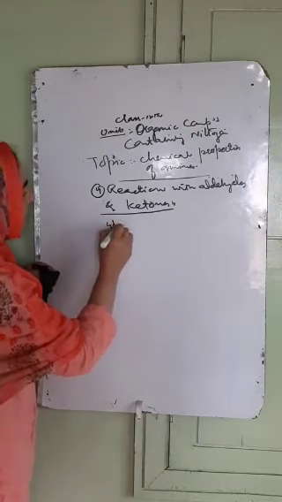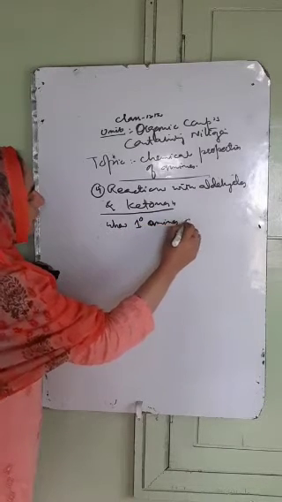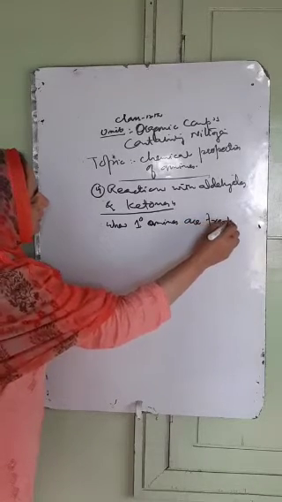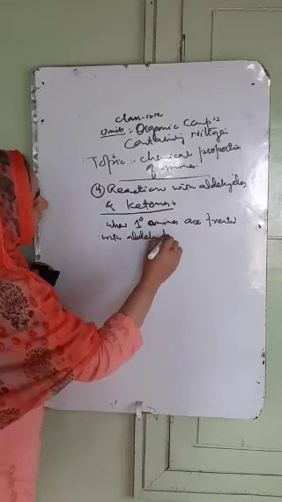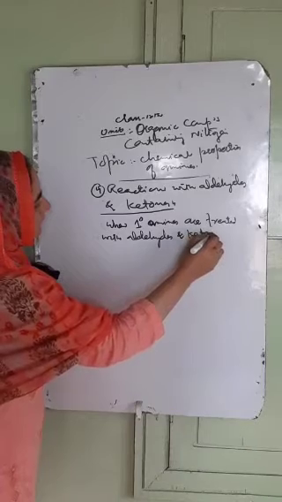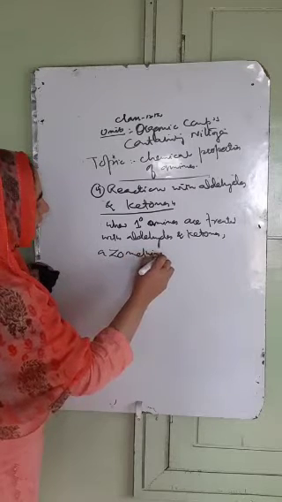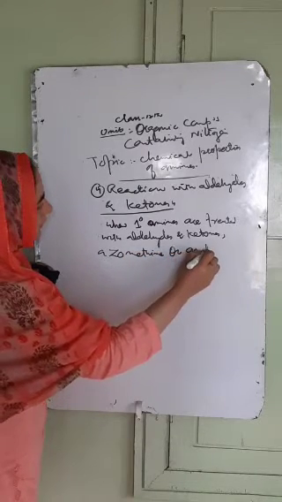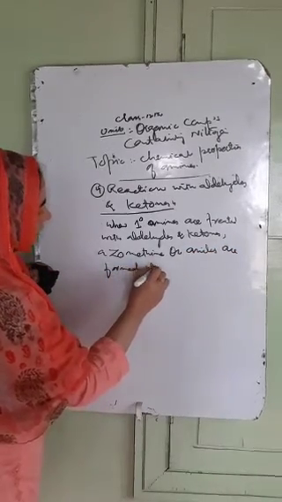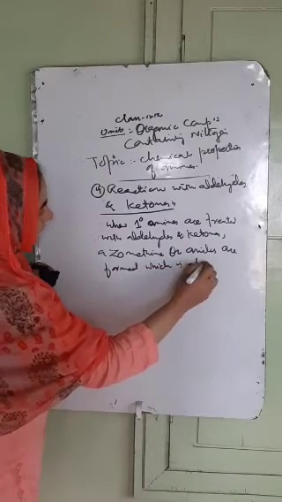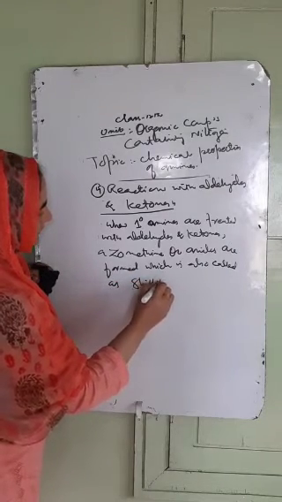When 1 degree amines are treated with aldehydes and ketones, azomethine or anyls are formed, which is also called Schiff's base.